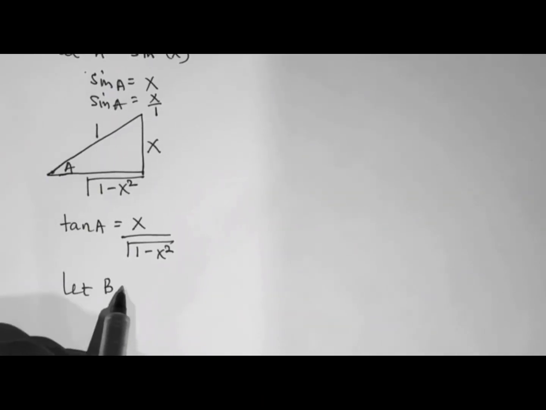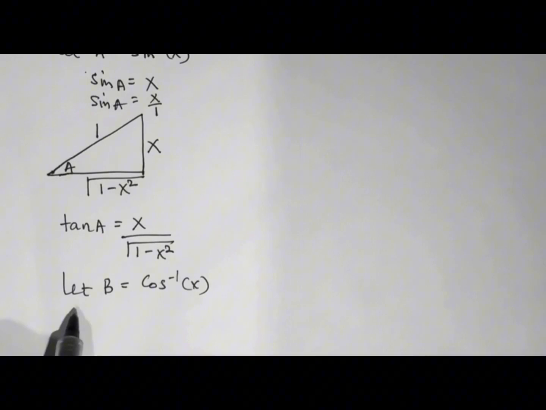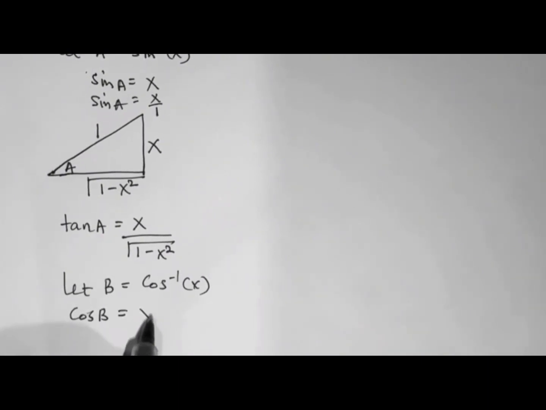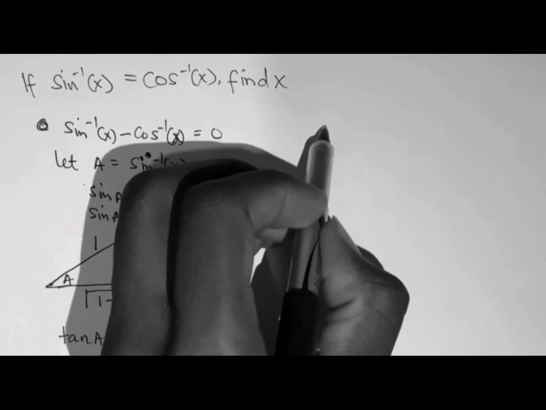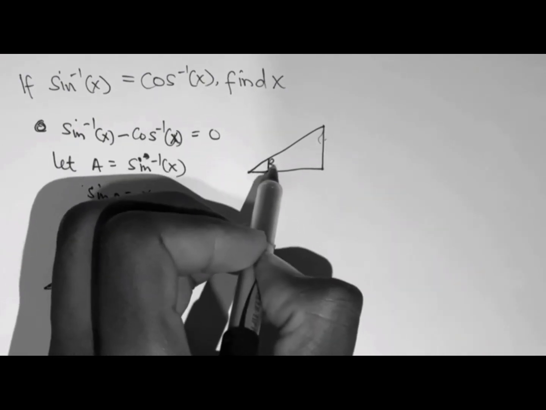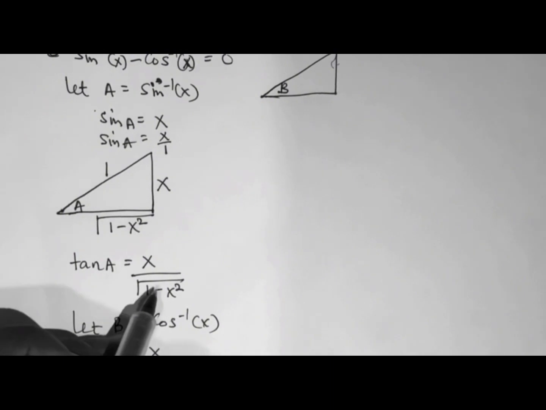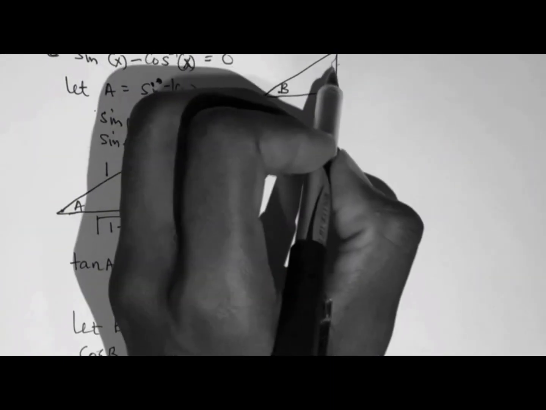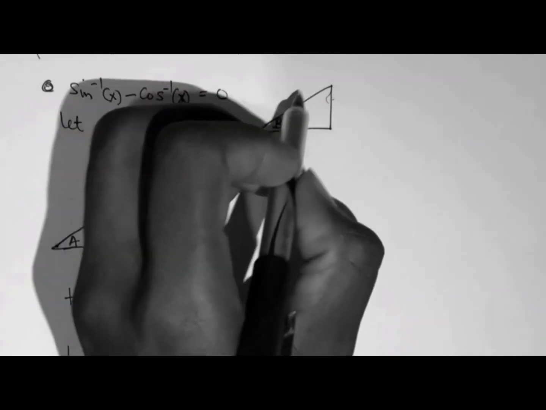Now let's let b be equal to cos inverse of x. So it implies that cos b is equal to x. Just as we did for the sine function, let's do for the cos function by drawing a right angle triangle. So b is, cos is adjacent over hypotenuse.